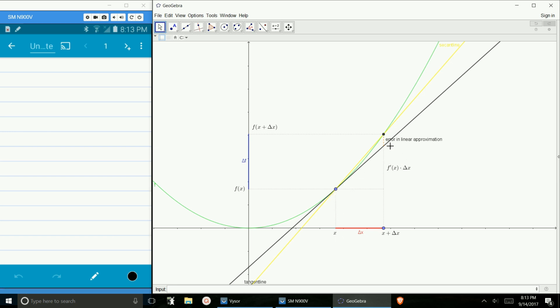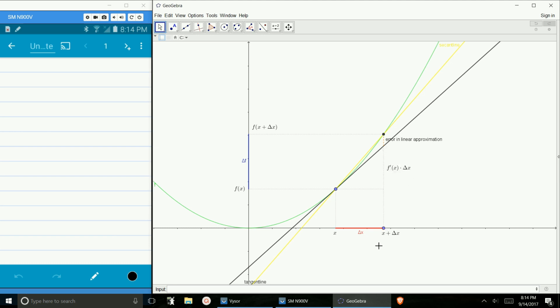But so rise is this line segment, and run is this line segment, and this run is delta x. So if I take this quantity here and divide it by delta x, I should get the slope. And yes, indeed, this thing divided by delta x is just the derivative. That's why this thing has to have that magnitude.